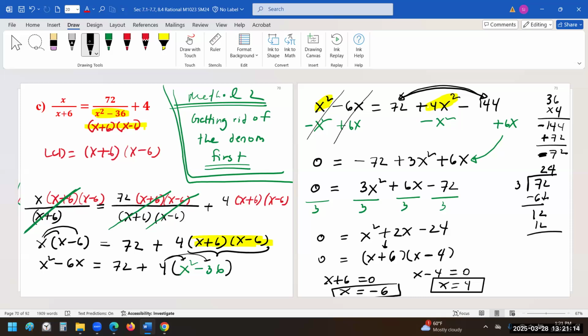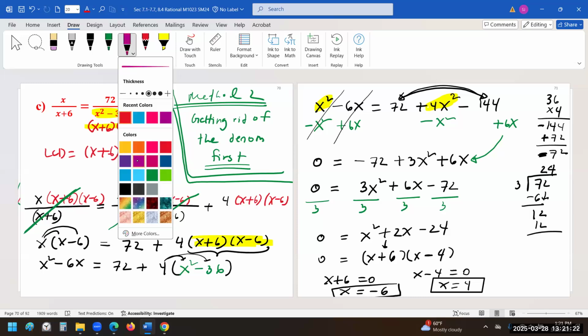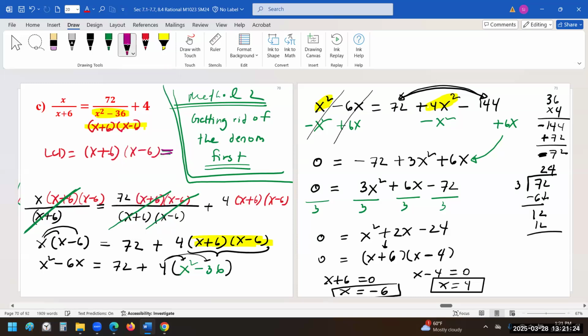Remember, LCD cannot be 0. So whatever we have here, that thing, let me change color to something different, purple. That thing cannot be 0. So x plus 6 cannot be 0. x minus 6 also cannot be 0.